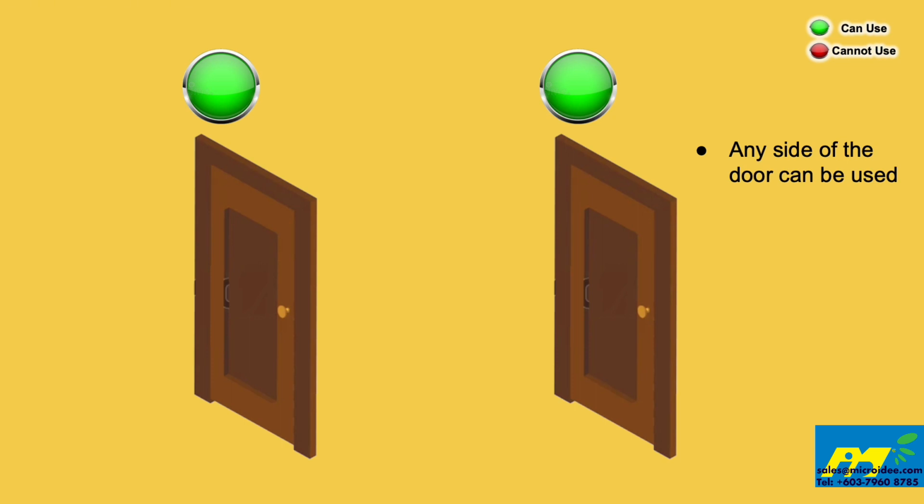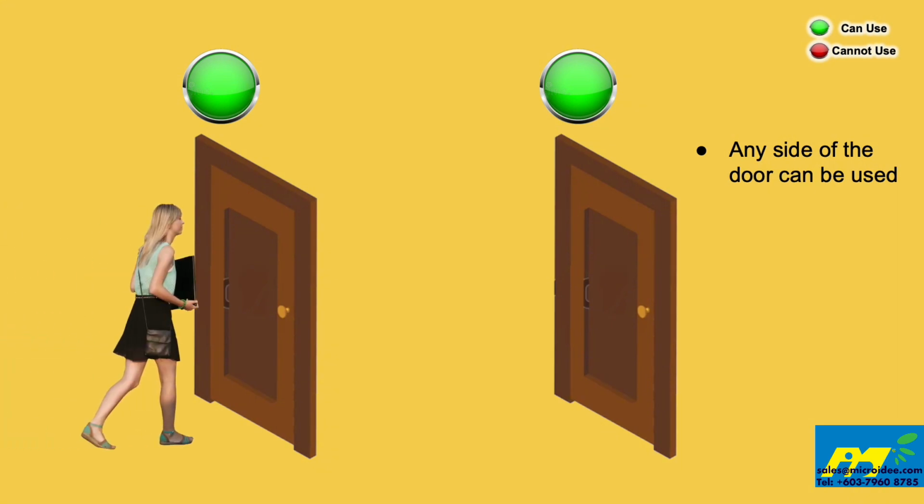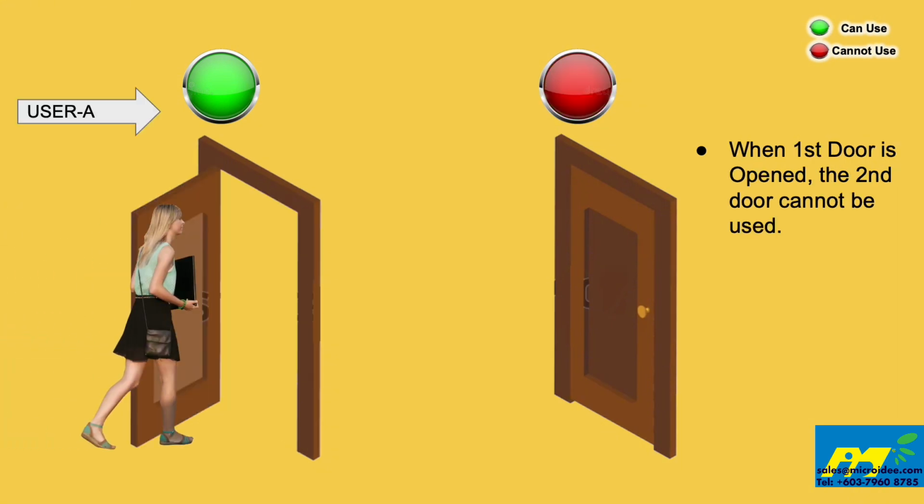Let's say for this example, a person comes to the front door and opens the door. The moment the person opens the front door, as you can see, the back door cannot be used. The back door is in lock condition right now. No one will be able to come through the back door until the front door is closed.